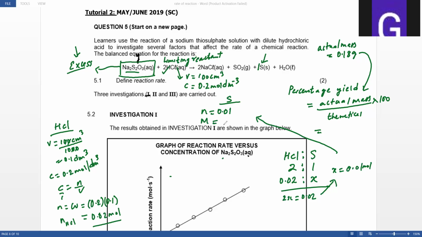I don't have the periodic table with me. Okay, just a minute, guys. I think it should be 32, if I'm not mistaken. Sulfur, yes, it's 32.1, which is just 32 grams per mole.